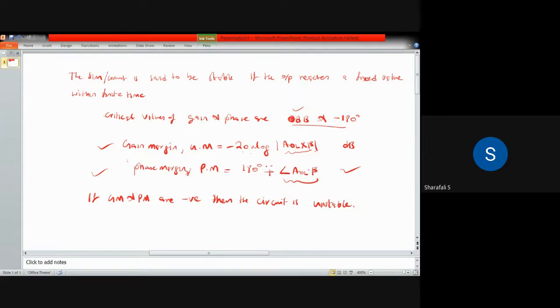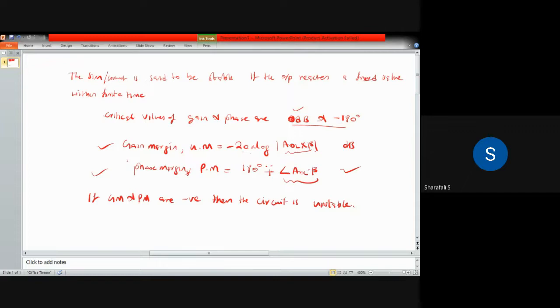So these are the two conditions when your circuit will become unstable. By using these two equations, we can say whether the circuit is stable or not. Stable means the circuit will have the same output as we designed for the amplifier.